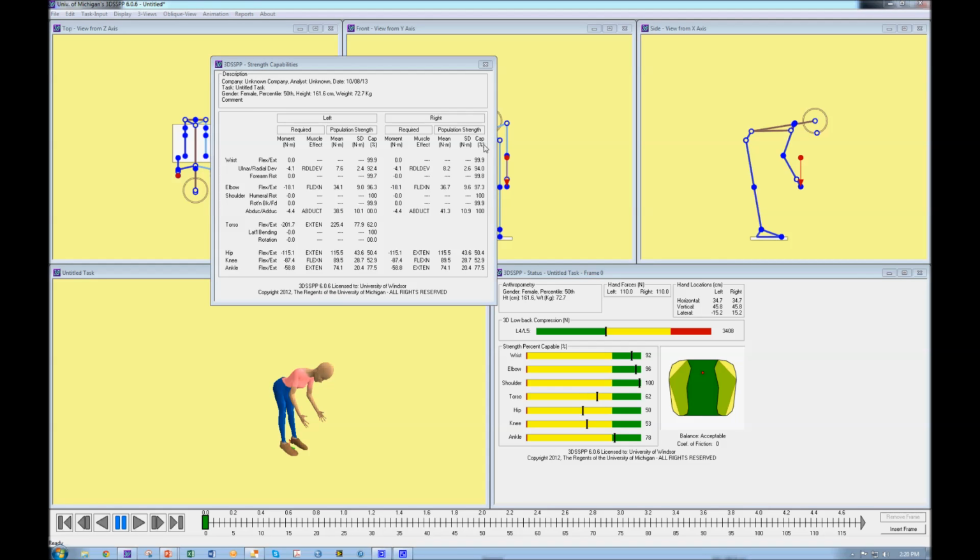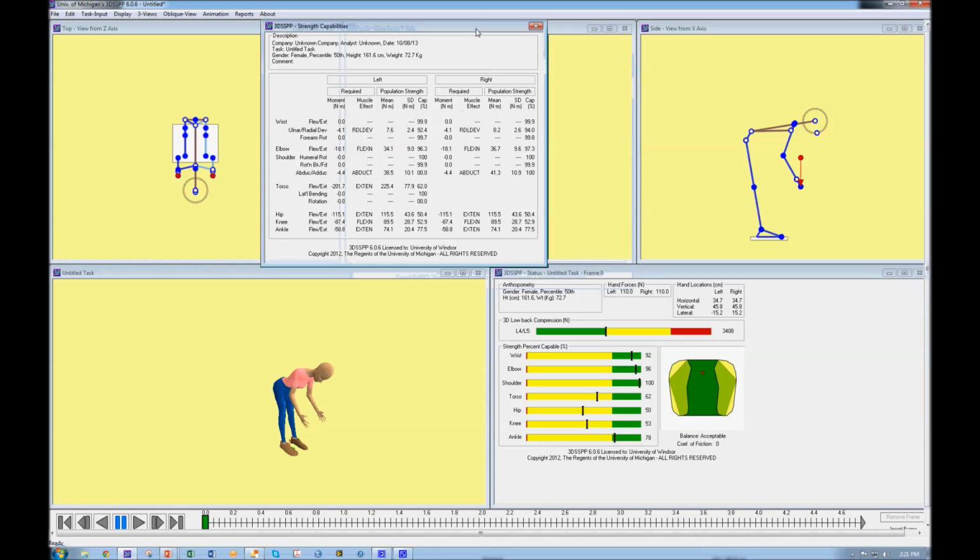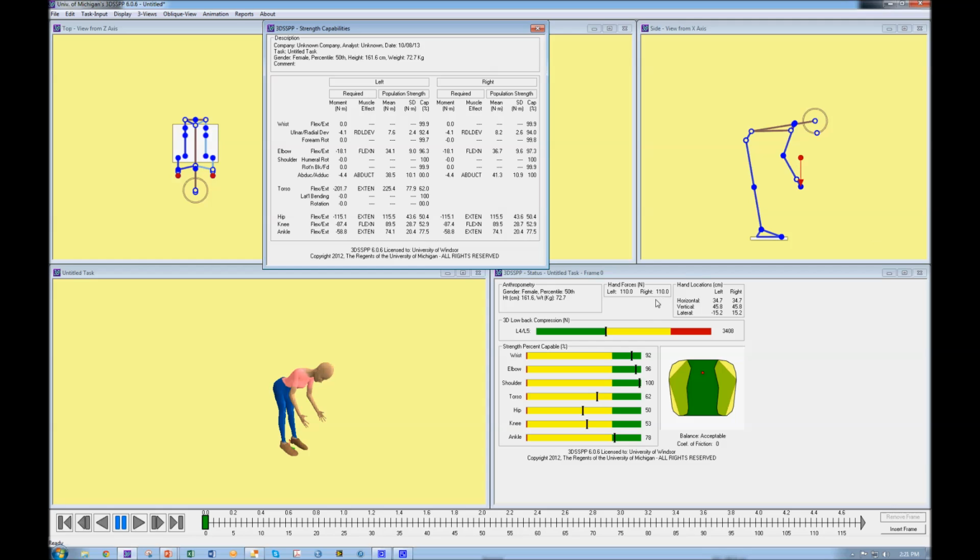So far with the tutorial, we've learned how to manipulate the mannequin both manually and using the posture prediction, put loads at different magnitudes into the hands, and determine what demands are on the body and what the capacity of the body is, so that we can make a correct ergonomic decision. So let me quickly go through this again, where this is a posture where the hands are exerting an upwards force.